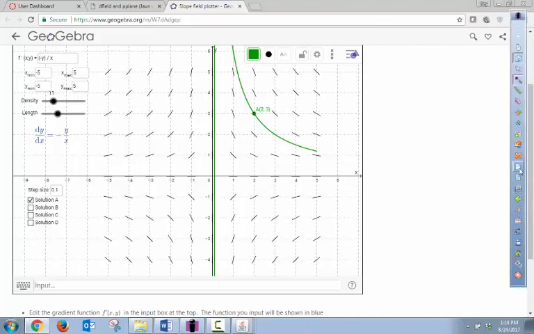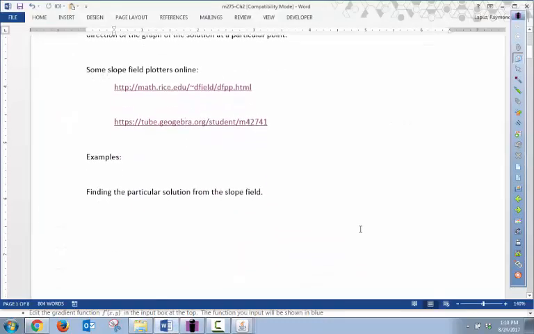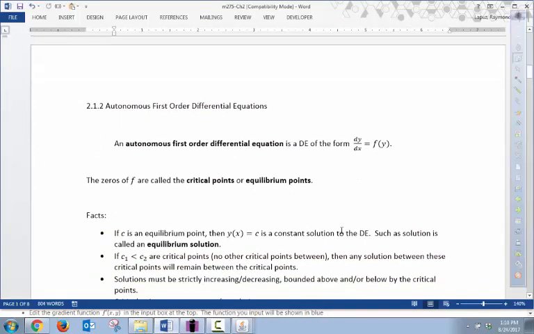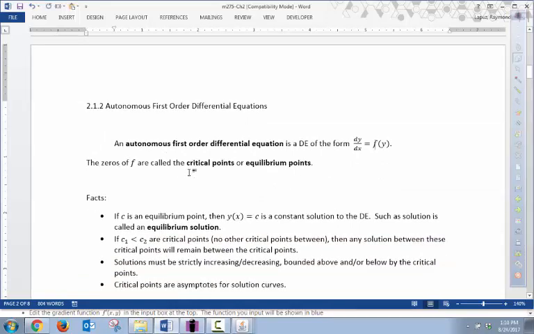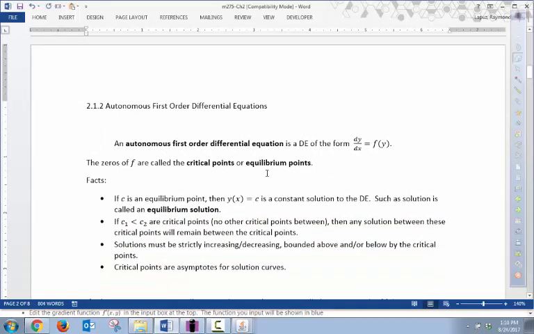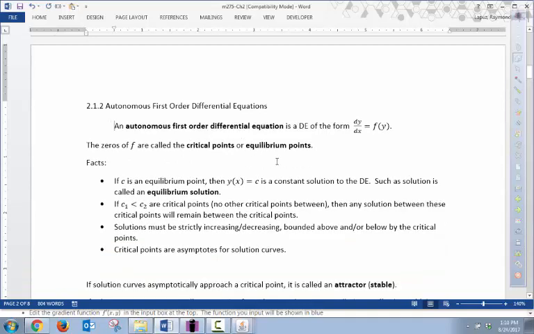Now, we can continue to talk about another special type of graph. And the graph would be dealing with these things called autonomous differential equations.